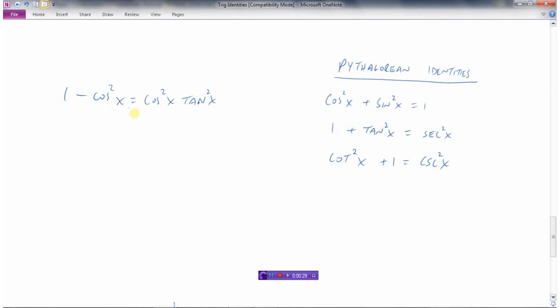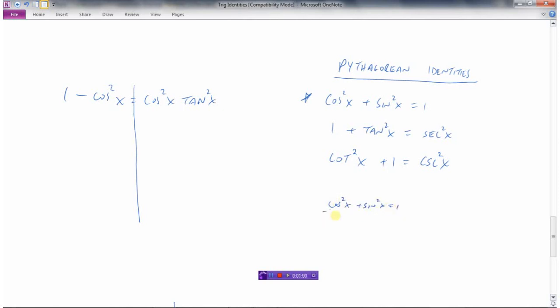So let's look at this one here that we have to prove. 1 minus cos squared x equals cos squared tan squared. So anytime you see something squared plus 1 or minus 1, think of these identities here. So 1 minus cos squared. I'm looking at this first one here, and I'm thinking if I took this cos squared x and brought this over to the other side, so let's just do that down here.